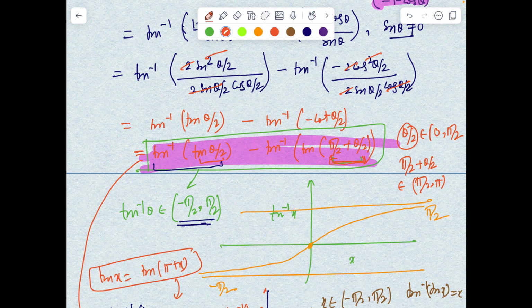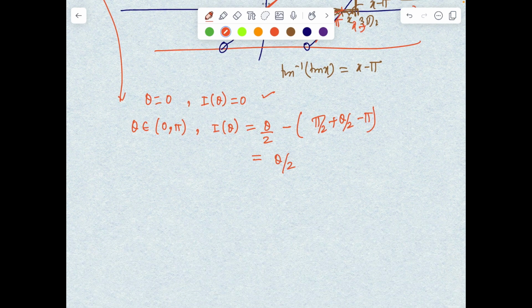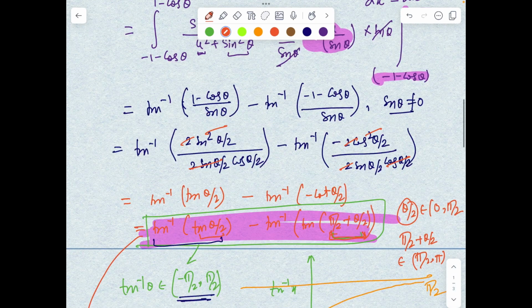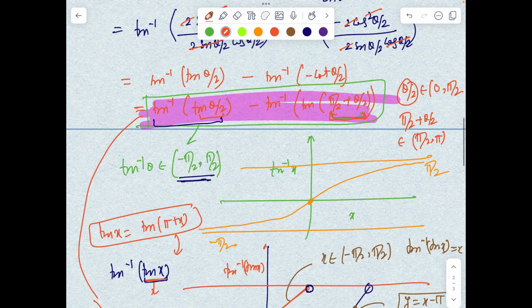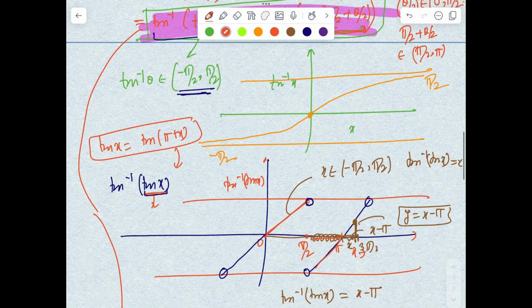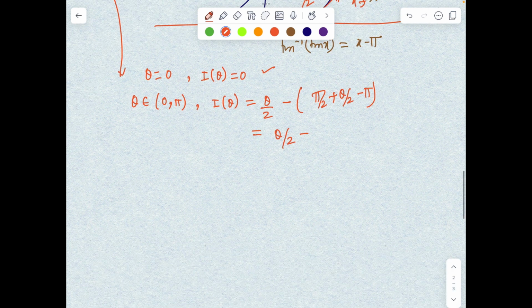It's minus of pi by 2 plus theta by 2 minus pi, which gives me the value of theta by 2 minus theta by 2 and minus pi over 2, which gives me pi over 2. And that's very interesting, like in 0 to pi you'll get pi over 2.